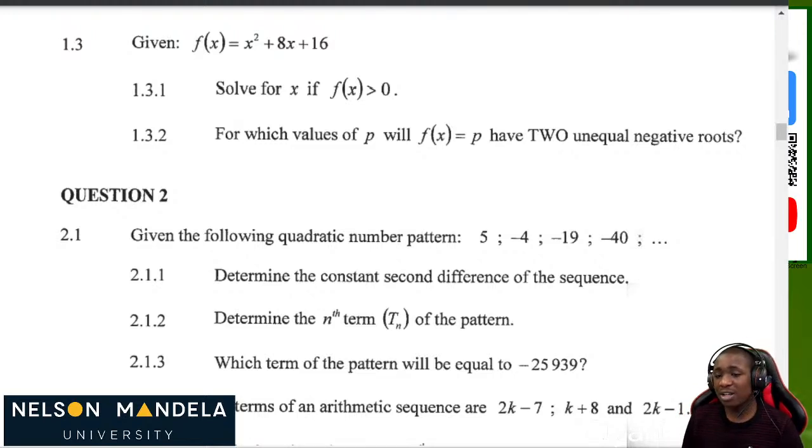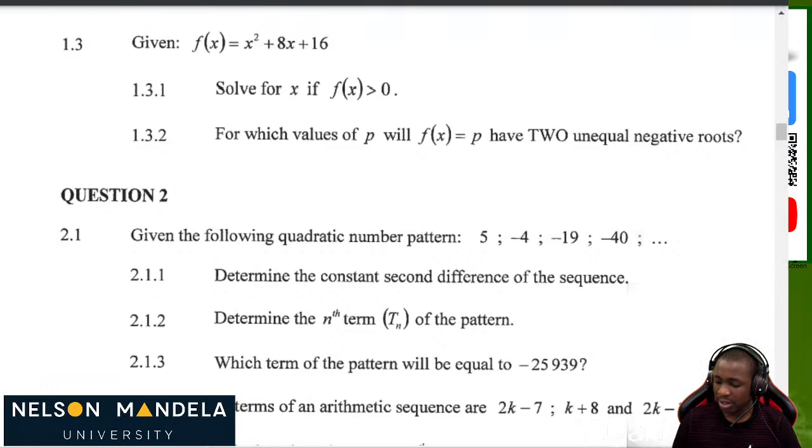Now, in order for us to have two distinct negative roots, we always know that the discriminant must be compared to 0.